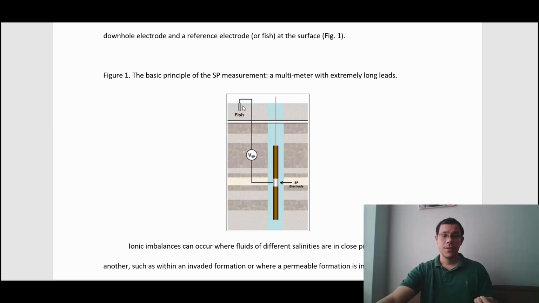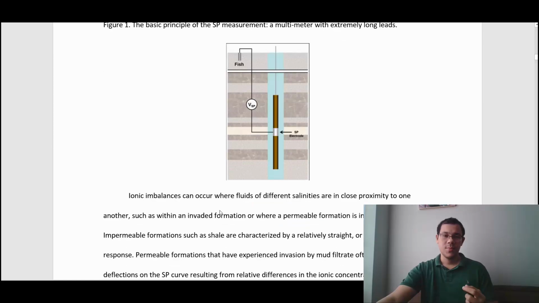This electrode at surface is literally a cable that comes out from the wireline logging unit, and you just put it in the ground. You can dig a small hole, put the electrode, fill that hole with drilling mud, and that's it. The voltage that you will be measuring will be between that electrode and the other electrode that is connected to your induction tool or your lateral log tool.